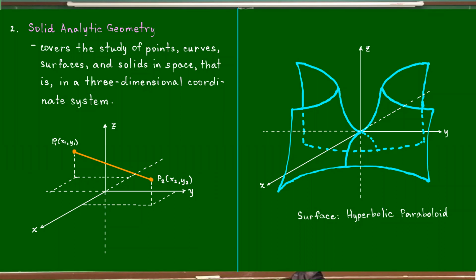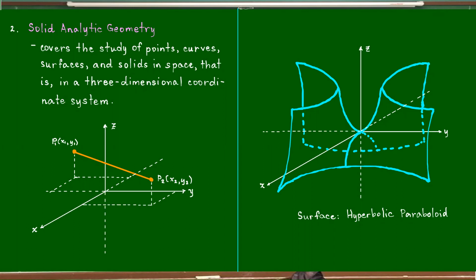There are other 3-dimensional coordinate systems commonly used aside from the rectangular coordinate system. We have what we call the cylindrical coordinate system and the spherical coordinate system. If you're going to take BS Math, for instance, or engineering, you will be encountering these other coordinate systems in space.